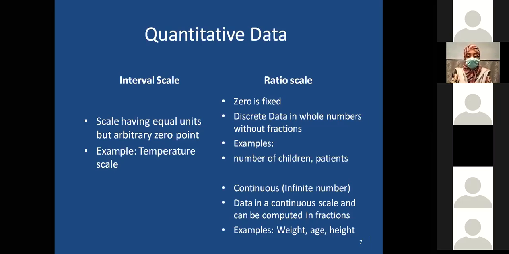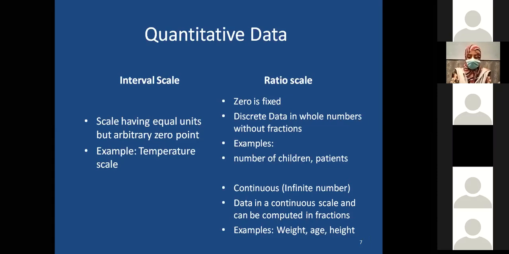Then there is a ratio scale, where 0 means it is actually 0. When I have 0 patients today in my ward, that means I have no patients at all in my ward. That means it has an actual value.